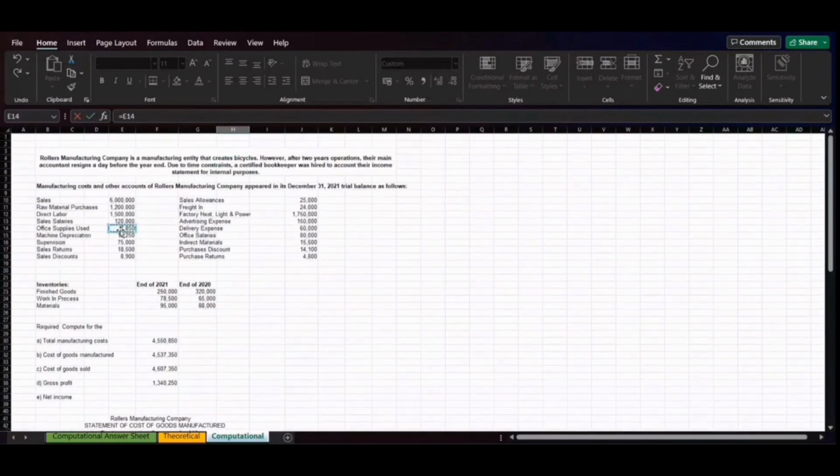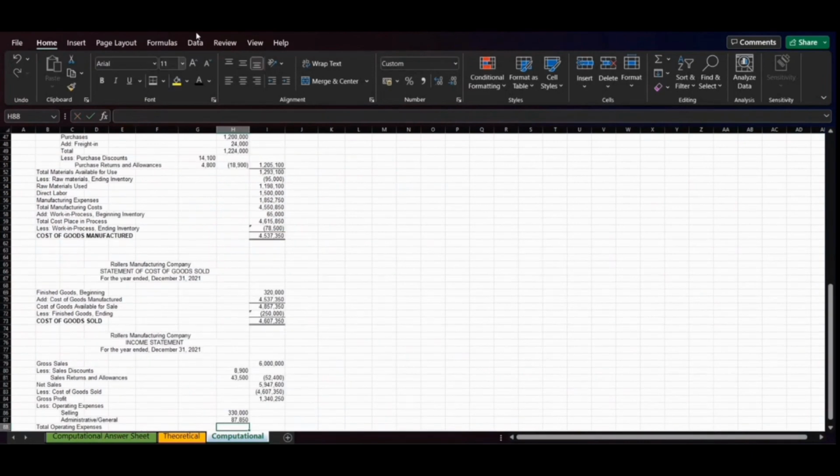Meron tayo ditong office supplies used, at office salaries. So, meron siyang 87,850. So, tulad ng ginawa natin sa sales returns and allowances and discounts is isasam natin silang dalawa.